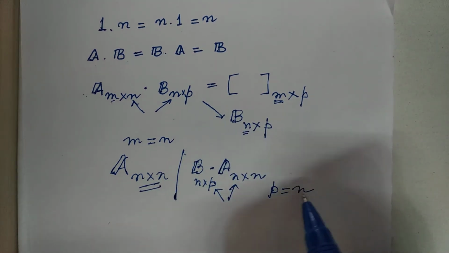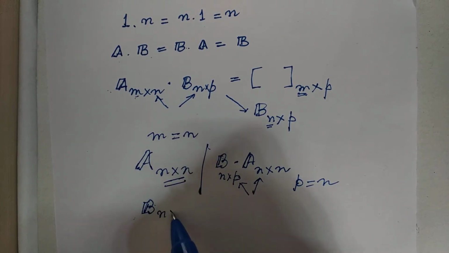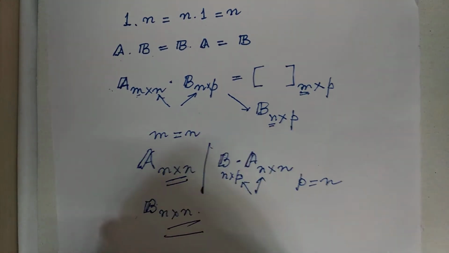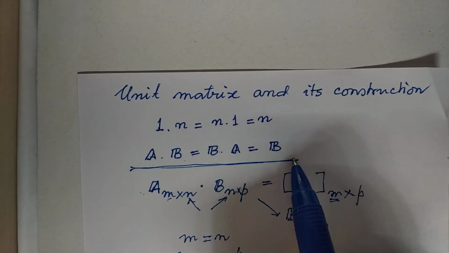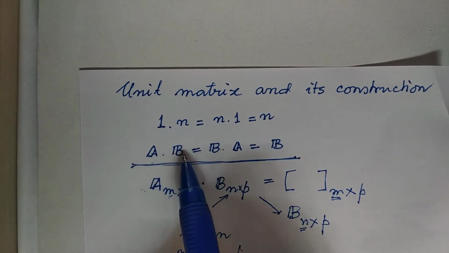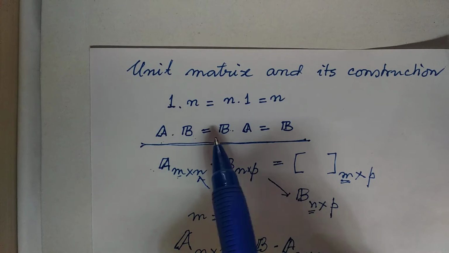Therefore, B should also be of the type n by n. So, in order to get this identity, both A and B should be square matrices and they should be of the same size.